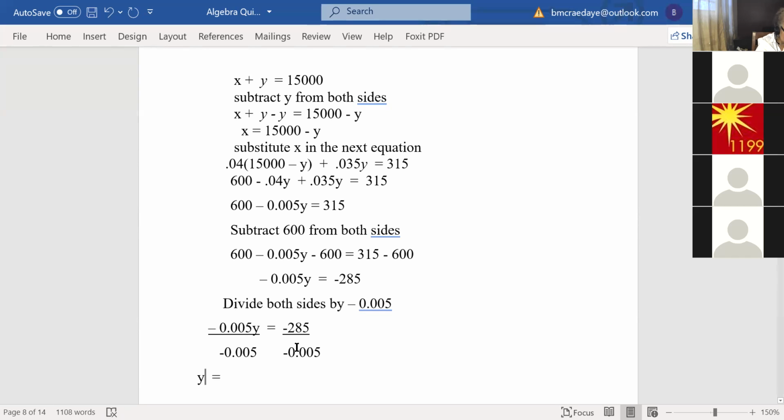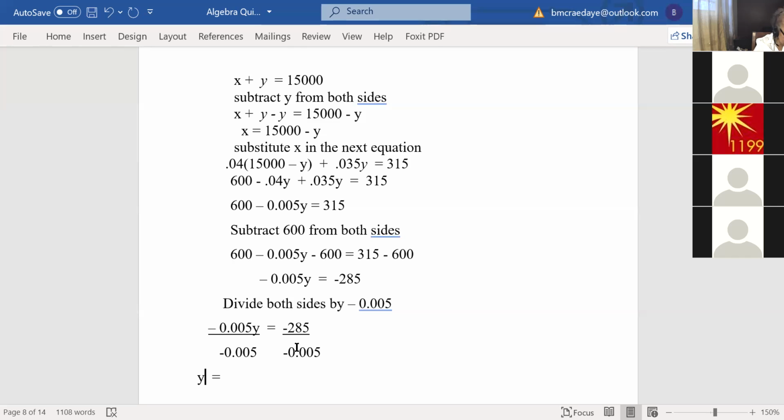Okay. 285 divided by 0.005. What is that equal to? I got 57,000. 285 divided by 0.005.